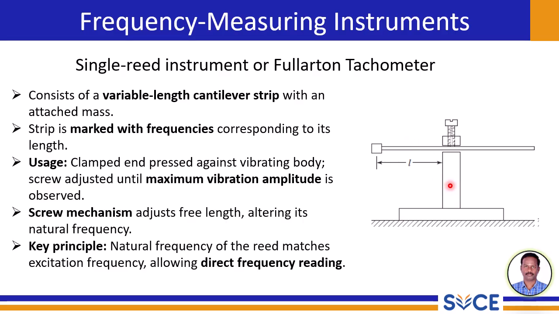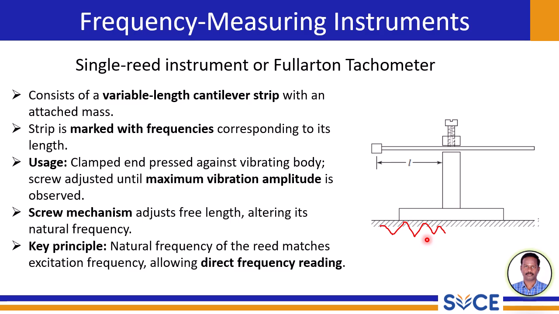When this entire setup is pressed against a vibrating body, the screw mechanism is altered until the reed vibrates at its maximum amplitude. It means at this precise moment, the excitation frequency equals the natural frequency of the reed, allowing us to determine the frequency of the vibrating body directly.